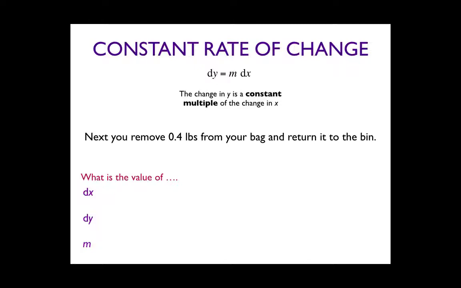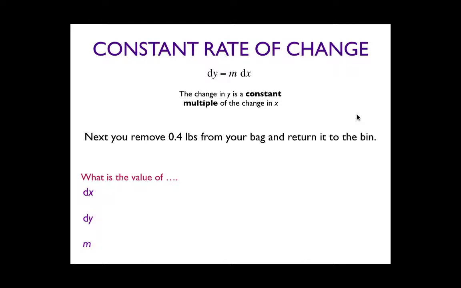So if I were to remove 0.4 pounds of snack mix from the bag and return it to the bin, like, ooh, this is too heavy, I didn't want quite that much, what would that change do to your costs? I don't know the overall cost because I don't know how much I have in there. I don't know values of y. I don't know values of x.